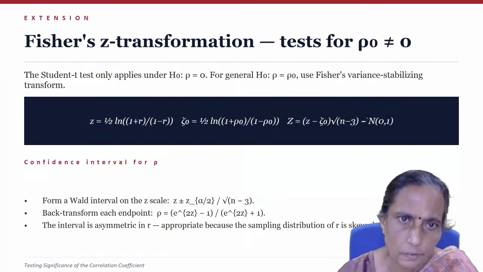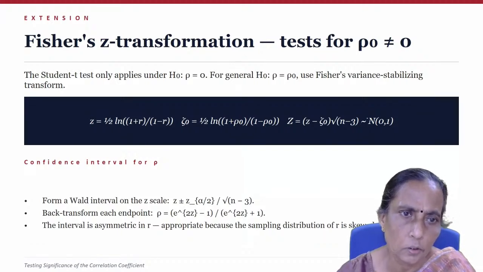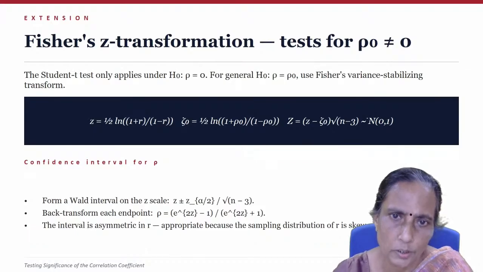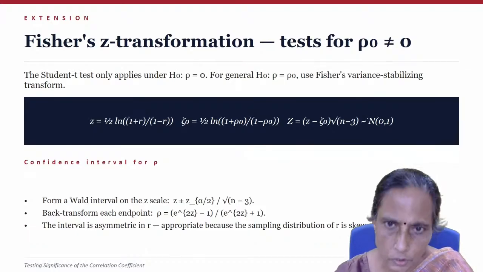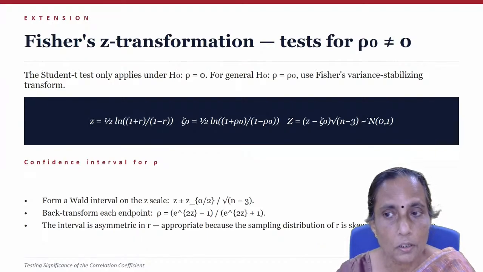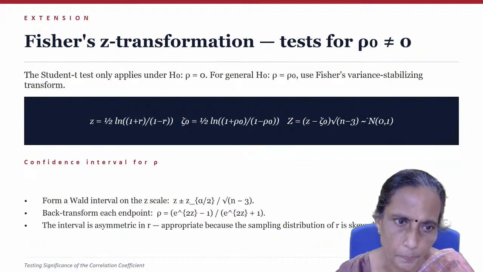The Fisher's Z transformation test: the student t-test only applies under the null hypothesis rho equal to 0. For a general null hypothesis rho equal to rho 0, use Fisher's variance stabilizing transform.